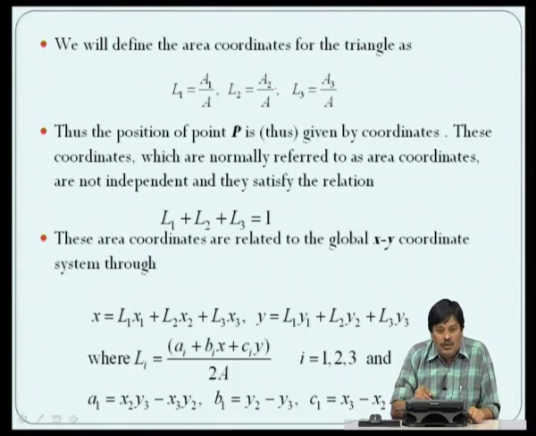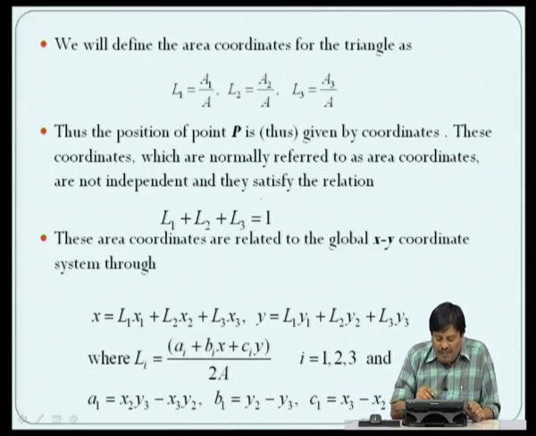Similarly, L2 is the sub area A2 by A, and L3 is A3 by A. The position of the point is thus given by these coordinates, which are normally referred to as area coordinates and are not independent, and they satisfy the relation L1 plus L2 plus L3 equal to 1.